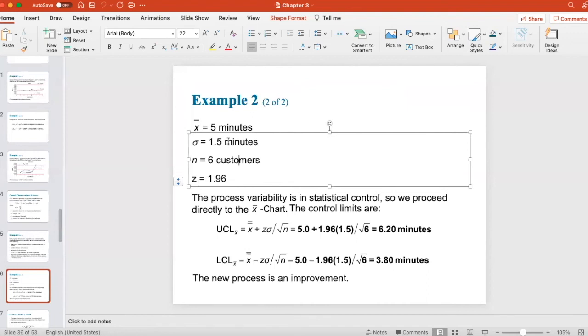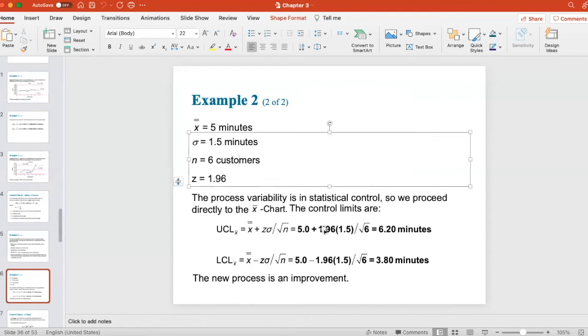If I use all this information provided by the context, how do we calculate the UCL and LCL for the X bar chart? Still very simple. You first plug into this specific equation. You plug in 5 minutes for X double bar, which should be here. The Z value is 1.96, which represents the significance level within the normal distribution.